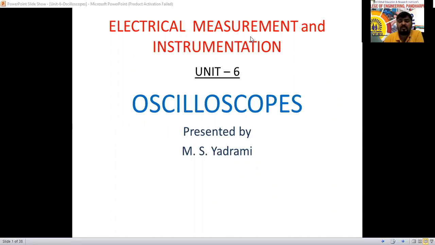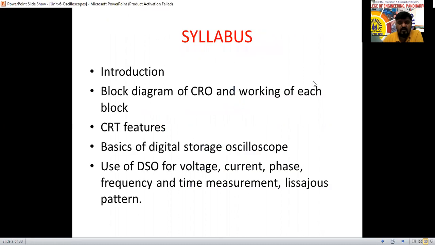So the oscilloscope is the last unit we are going to discuss in today's class. This is the syllabus. First we are going to discuss the introduction of the oscilloscope, that is CRO or whatever it may be. Then we are going to discuss the cathode ray oscilloscope.